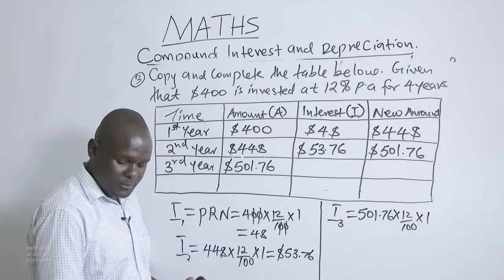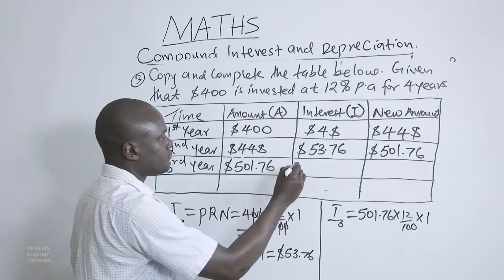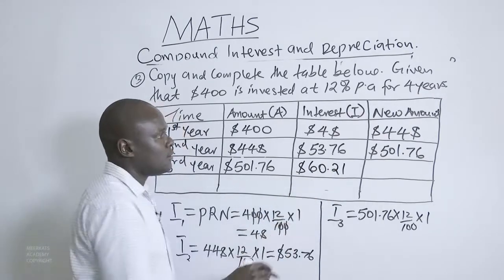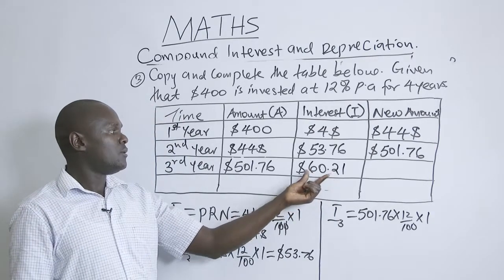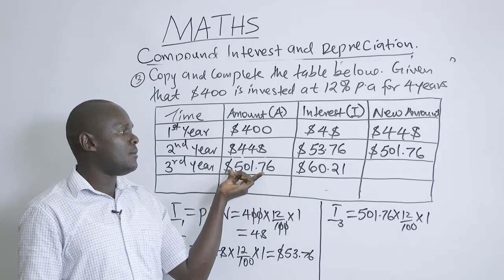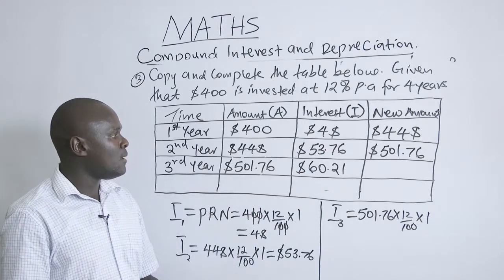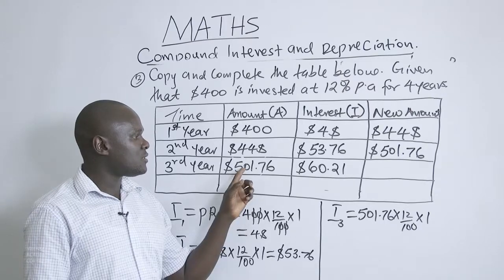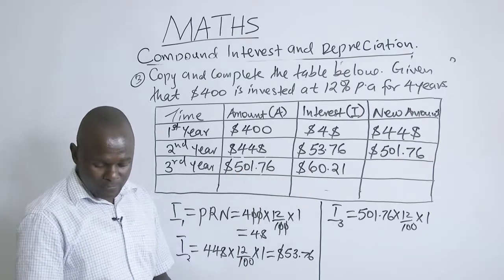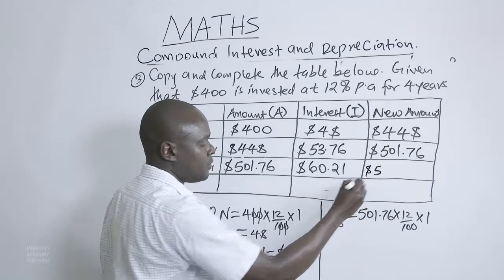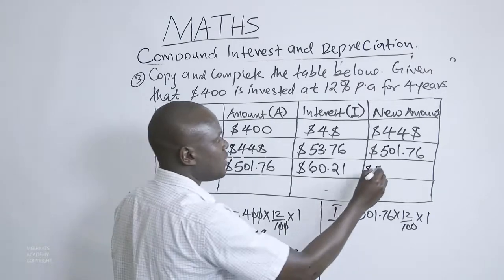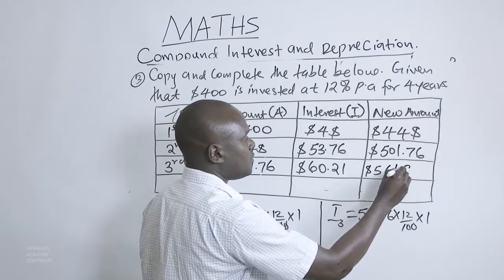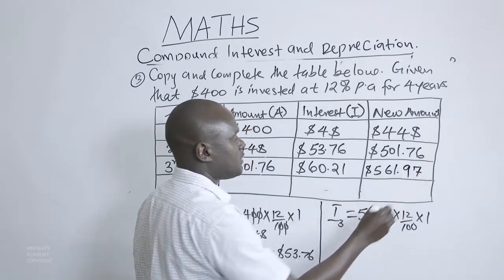This will give us 60.21. This is the interest that will be accrued on this amount in the third year, and the new amount at the end of the year will be the sum of this and this. And when we add, this will give us $561.97.